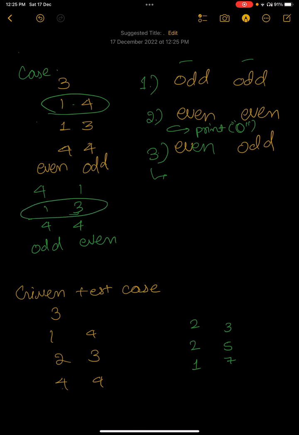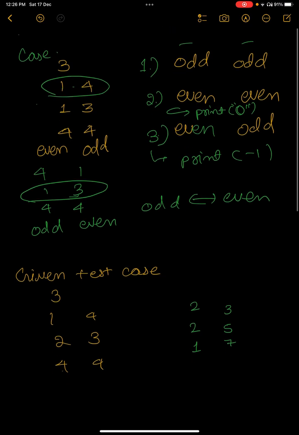If you change again, it keeps interchanging between odd and even. So there is no such pair for which your answer becomes even. In this case your answer is print -1, because no such pair exists, and if no pair exists then you are not going to interchange.